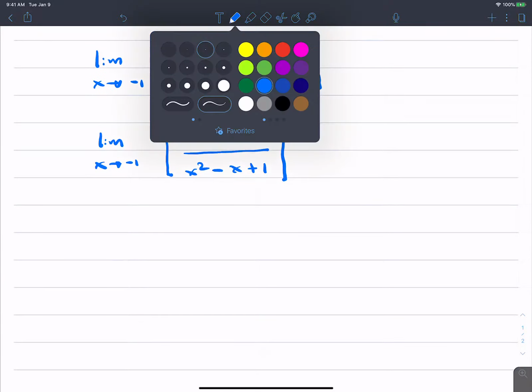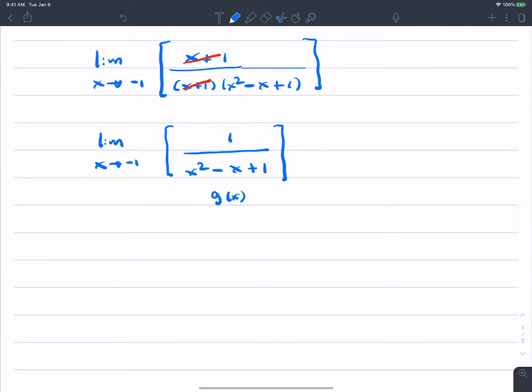So now, this function, we talked about last time, this is like that g function, right? So remember the statement we work with: if f of x equals g of x, except for maybe at a point, then the limits are the same. So we're going to note that statement.